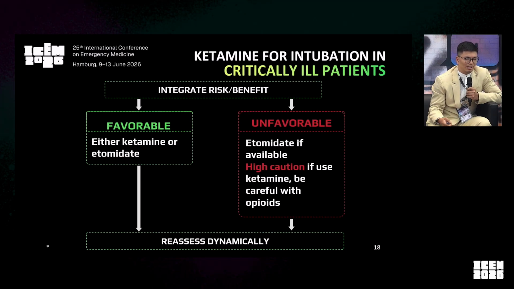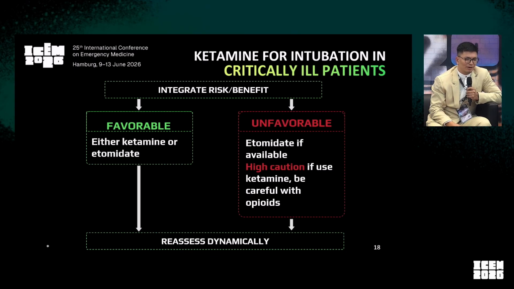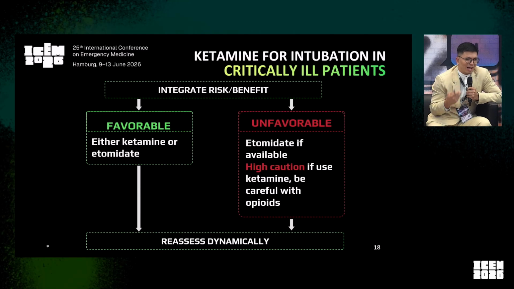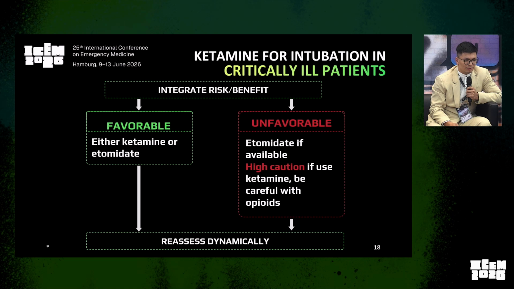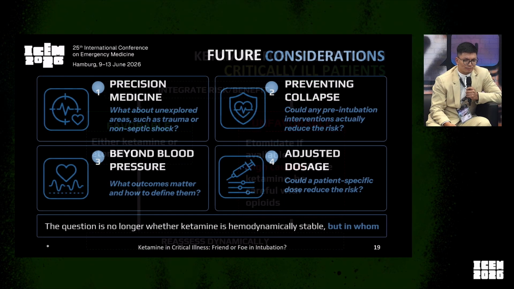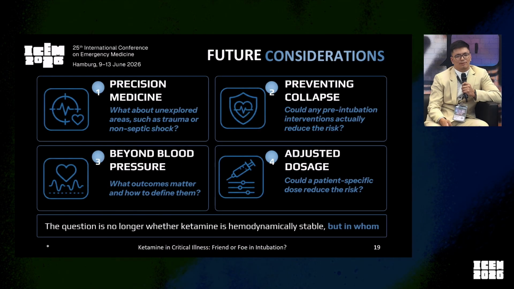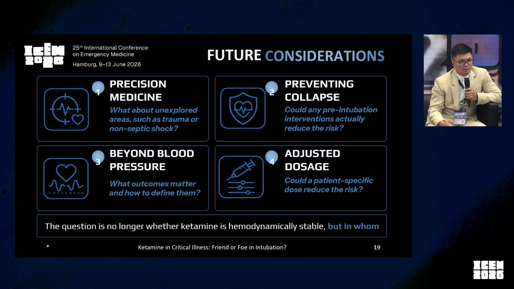If you're using ketamine and also using opioids to try to avoid the sympathetic activity when manipulating the airway, you do need this sympathetic activity, so don't try to avoid it with opioids. After that, assess dynamically after the intubation, and this brings us to future considerations about this topic. You need to do more precision medicine.